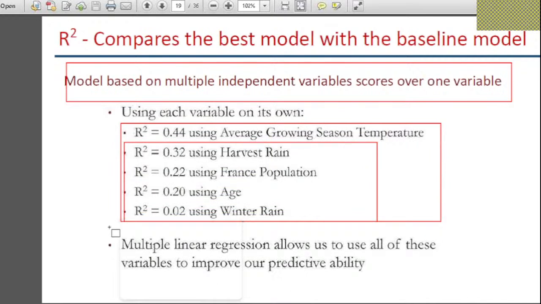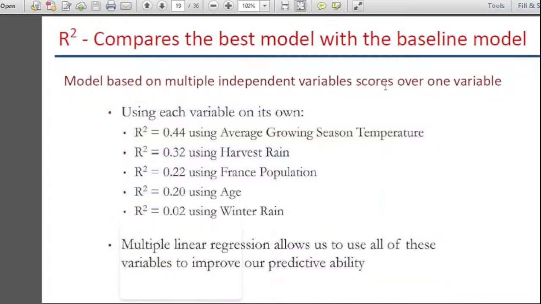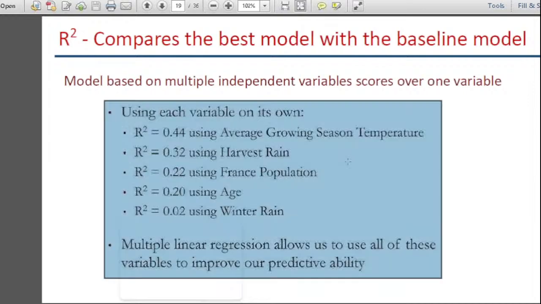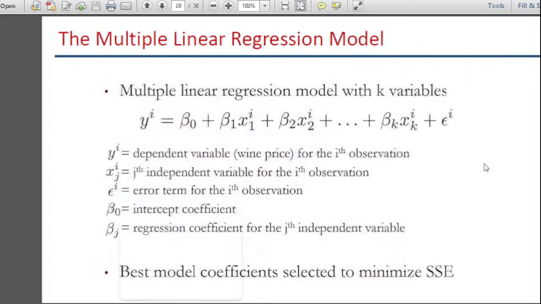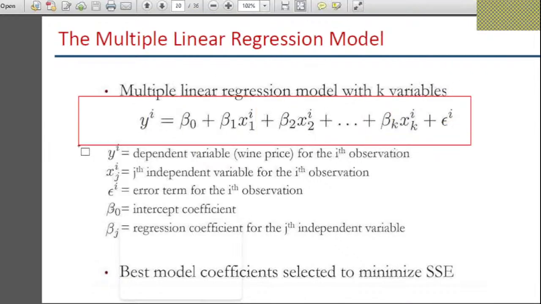But if I try to combine them, if I go to higher order regressions, or you can say multiple linear regression, the equation becomes this, though this is only a theoretical part. But of course, can you make sense of this equation? I have just extrapolated with more x's, right?